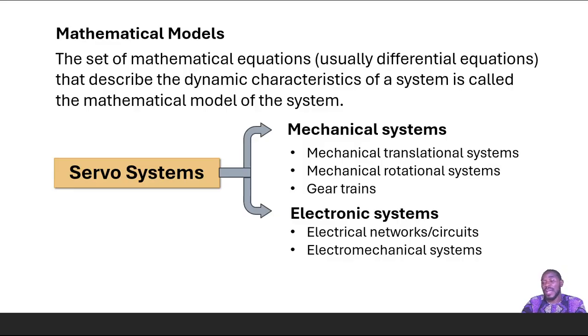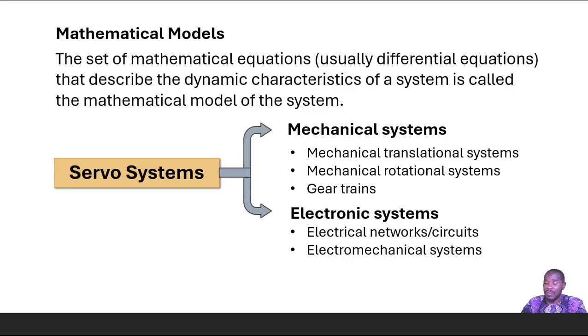Okay, and then you have mechanical rotational systems where you have bodies that undergo some form of rotation. Okay, and generally you will find that you have a combination of both translation and rotational motion. And then we try to model gear trains, okay, because sometimes you will need some meshing of gears as part of your transmission system to either increase or decrease the speed or torque, right?